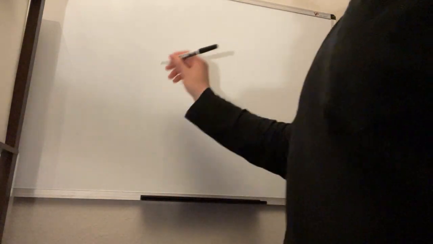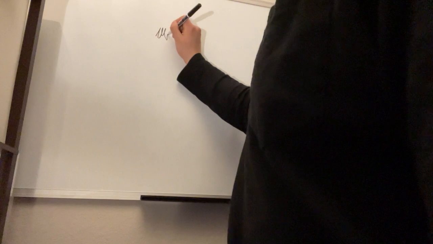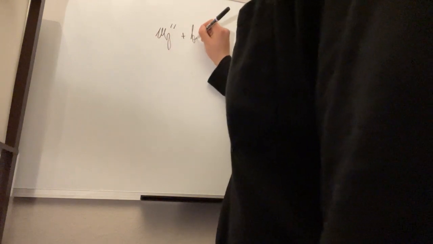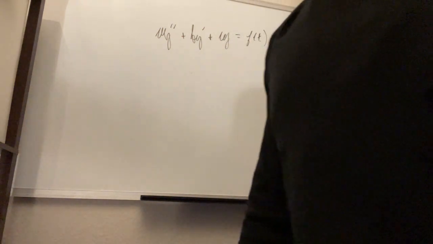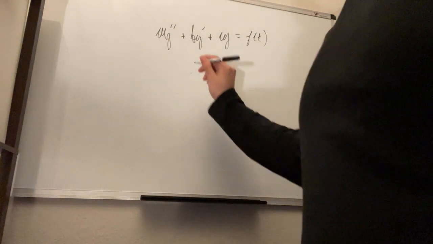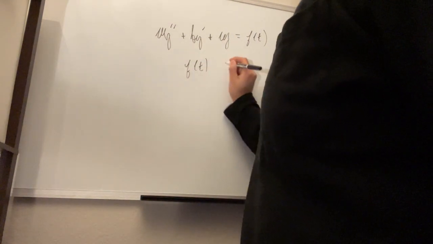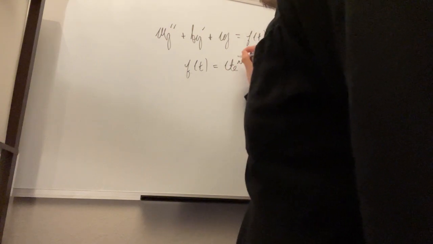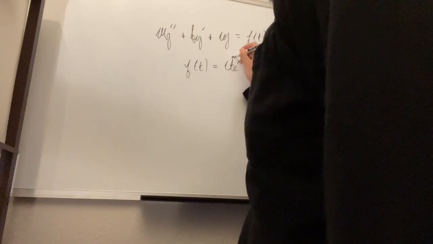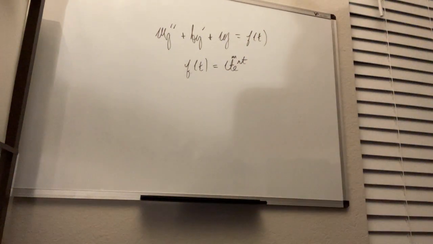Now we are going to discuss the method of undetermined coefficients, which is a method of finding particular solutions for the non-homogeneous equation ay double prime plus by prime plus cy equals f of t. The first thing that we are going to do is consider f of t equal to ct to the power of m times e to the power of rt.